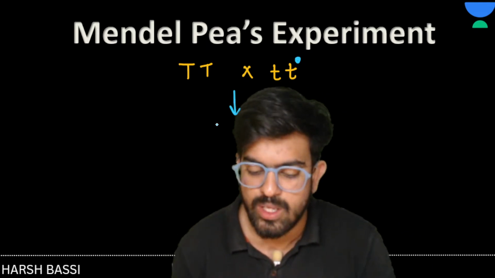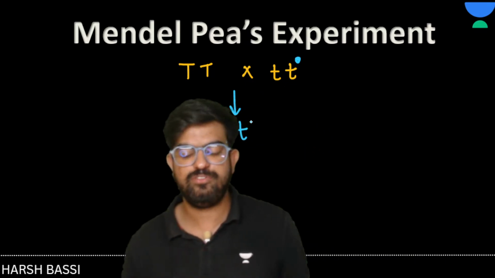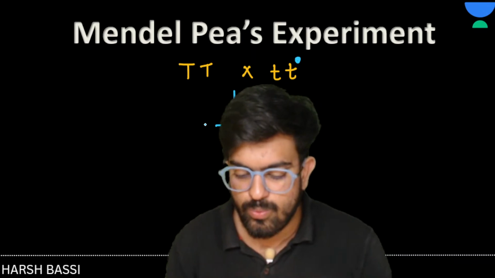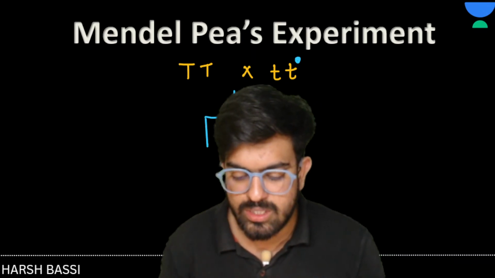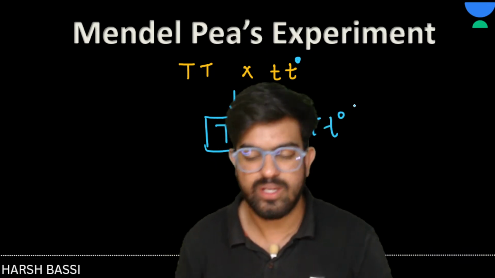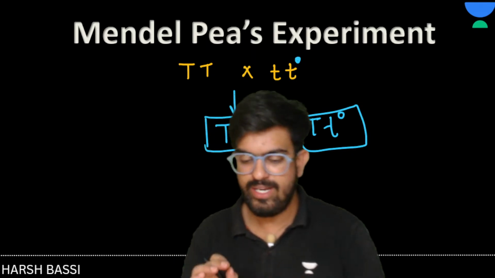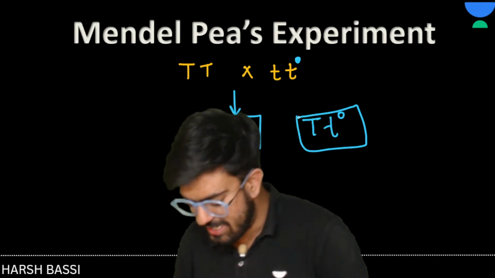So see here, this progeny will be formed, right? This can happen with the normal genes, and this can happen, yes or no? Two types of progenies can be formed, right? One with the normal genes, second with the defective genes.